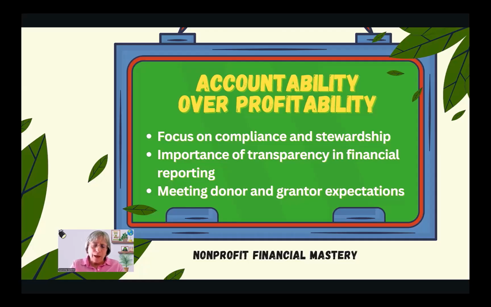Another part of the accountability piece is making sure that we are living up to the expectations of our donors and our grantors. So let's say we get a grant from a foundation and it's to build a playground. And the grantor is expecting that we will build a playground. And if we run into a problem building that playground, the grantor is expecting us to communicate with them and let them know what's going on, what's happened that's holding this project back.